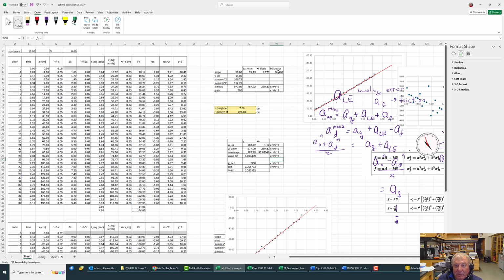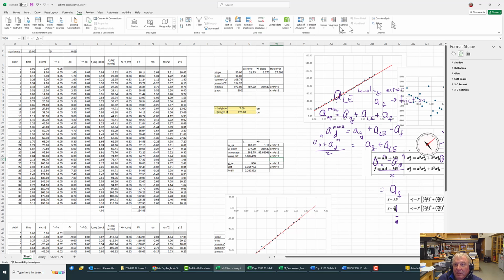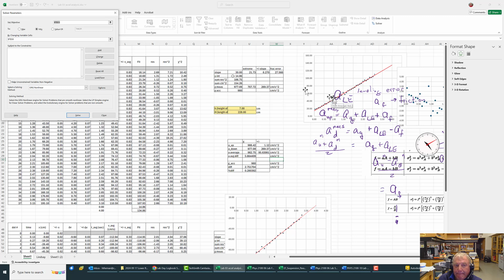So we need to get the percent of the error bar on this. So I go to data and solver, and so we want to get the value, make it the value of, what is it? Sum of the 154. It's odd that it's different. The bottom one is 700 something.